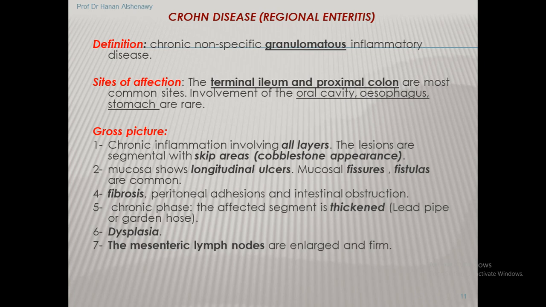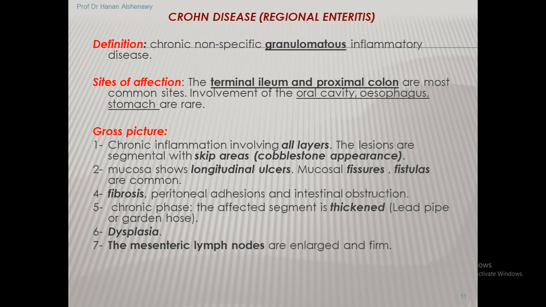Fistula. What's the meaning of fistula? Fistula means that there is an opening between the colon or the ileum and another hollow organ, like the bladder, the uterus, the vagina, or another loop of ileum. So fistula is very, very common, and fissure very, very common in Crohn's disease. Fibrosis, for sure, because the inflammation affects all layers.